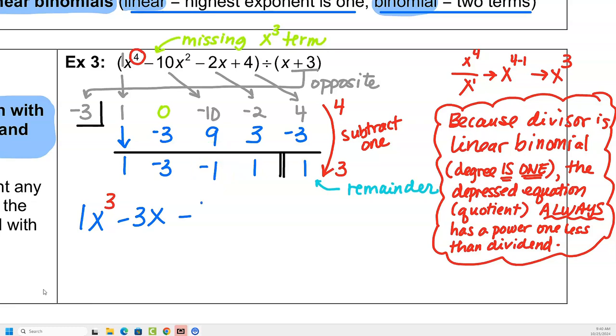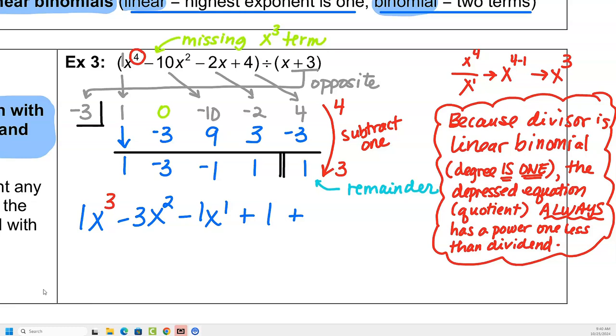So it'll be minus, oh, that's minus 3x to the second. Sorry, you have to count down with your exponents. And then I bring down that negative 1. And that'll be x to the first. Okay, and then I bring down the 1. At that point, it's just constant plus 1. I could write x to the 0, but we know that x to the 0 is just 1.